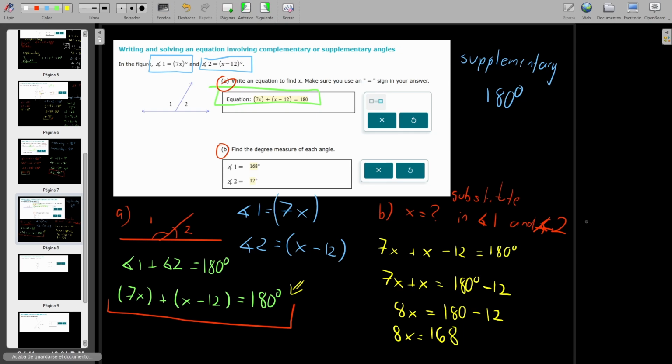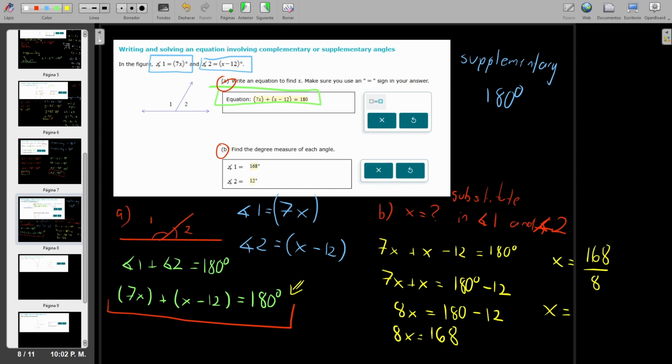We continue in this part. x is going to be how much? 168 over 8. The value of x is going to be 8.5.